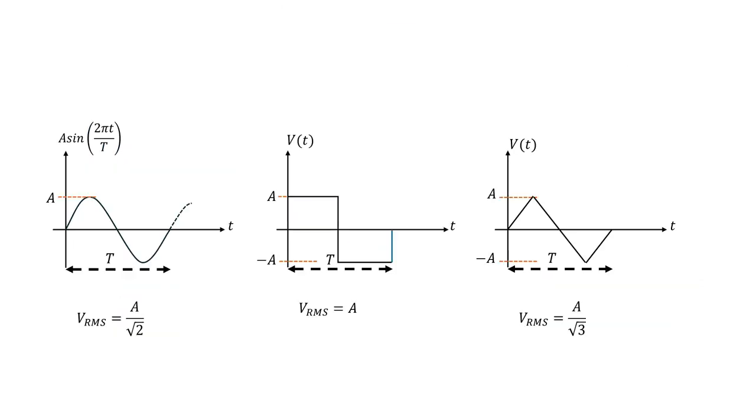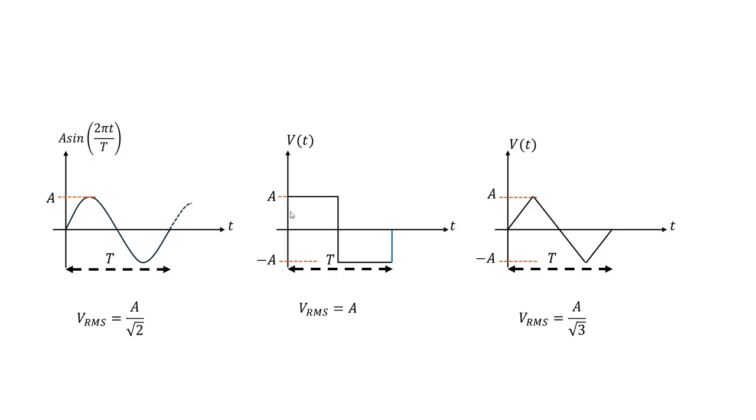So here there are some examples of RMS values for some deterministic signals. A sinusoid signal, A sin(2πt/T), or A sin(ωt). The voltage RMS here is A divided by the square root of 2, and as you can see, it's agnostic to the frequency.